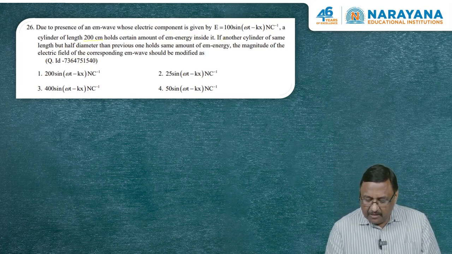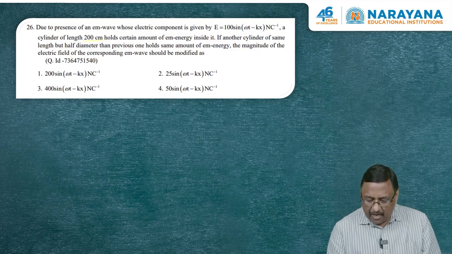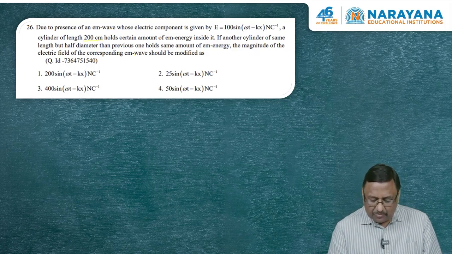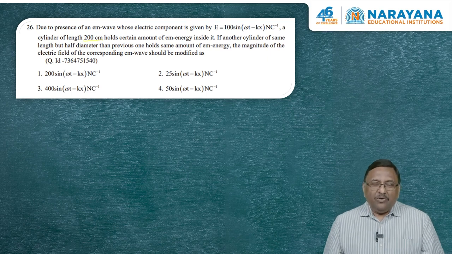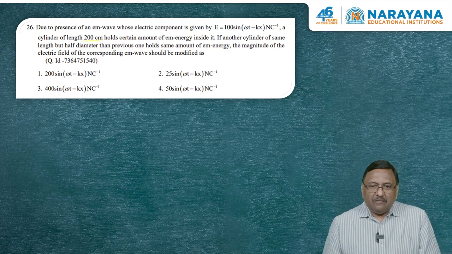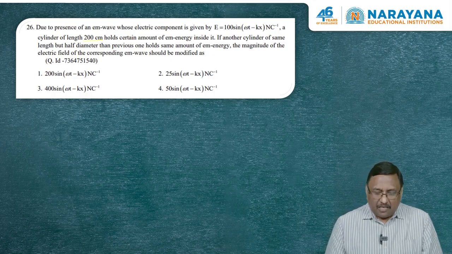He's saying some energy. If another cylinder of the same length but half the diameter holds the same amount of electromagnetic energy, the magnitude of the electric field of the corresponding EM wave should be modified as what? I hope we can understand from the question itself that we have two cylindrical containers having the same length.